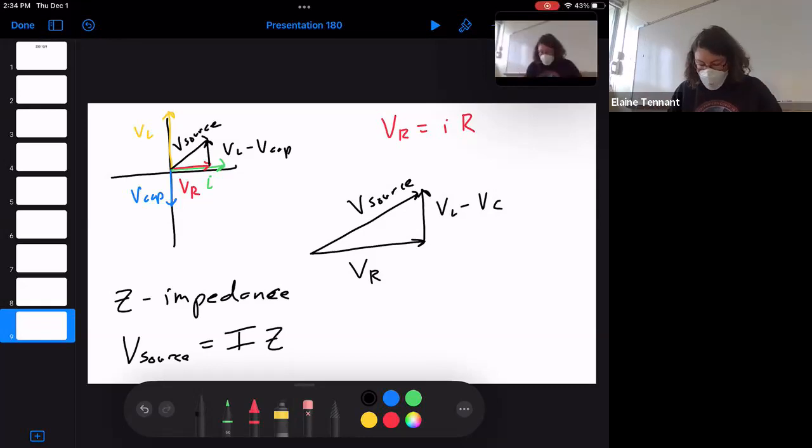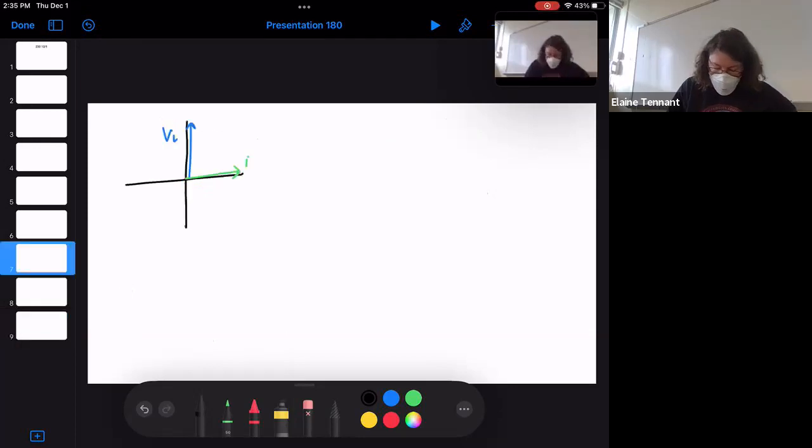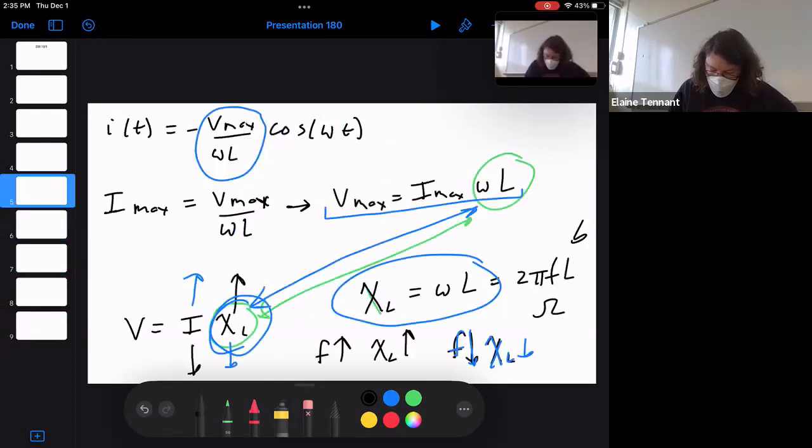Okay, looking at this, I know that the voltage across the resistor equals I, the current, times the resistance. I know that the voltage across the inductor equals I times its reactance.